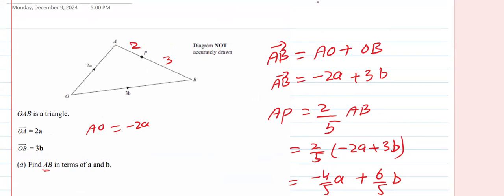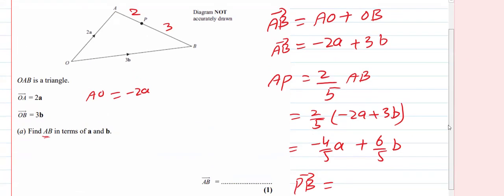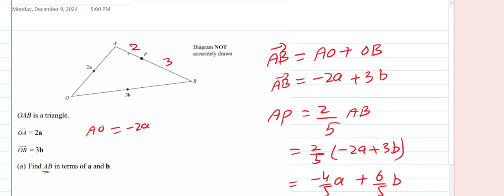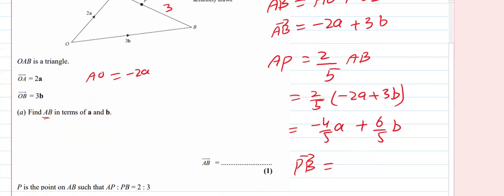Look, I told you the ratio formula is used if it is given in the question that there is a point P on AB such that AP and PB are in this ratio. So I wrote that one: the ratio of this part is 2 and the ratio of this part is 3. This has 2 parts, this has 3 parts. Now you have to find AP and PB, these both vectors.